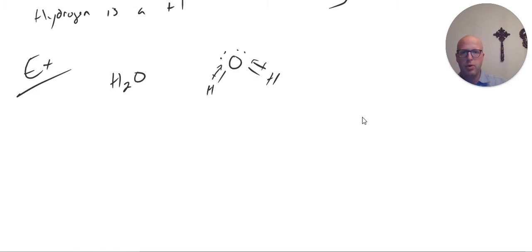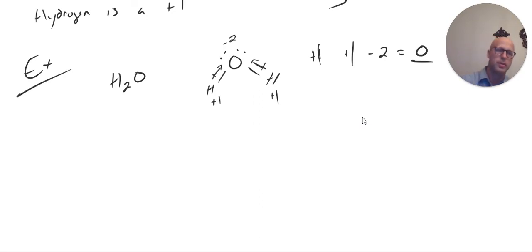So it's going to pull those electrons from each of these hydrogens towards itself, and it's going to give it a -2 oxidation state. Whereas this hydrogen is going to be a +1 oxidation state, and this hydrogen over here is also a +1 oxidation state. Now if we add up the oxidation states, you should notice that you have +1, plus another +1, plus -2, equal to 0. And why is it 0? Well, the overall charge on water is 0, so my oxidation states have to add up to the overall charge.